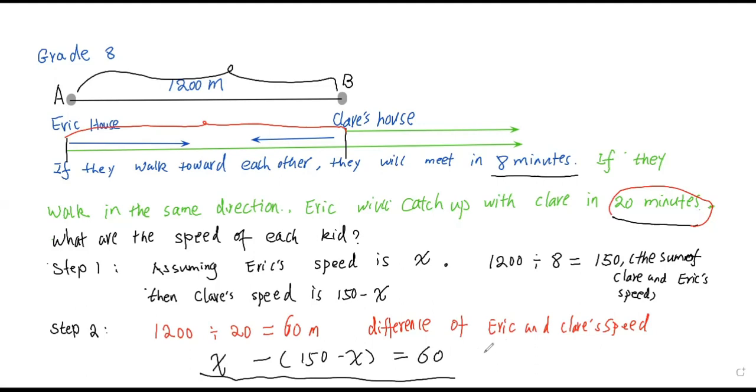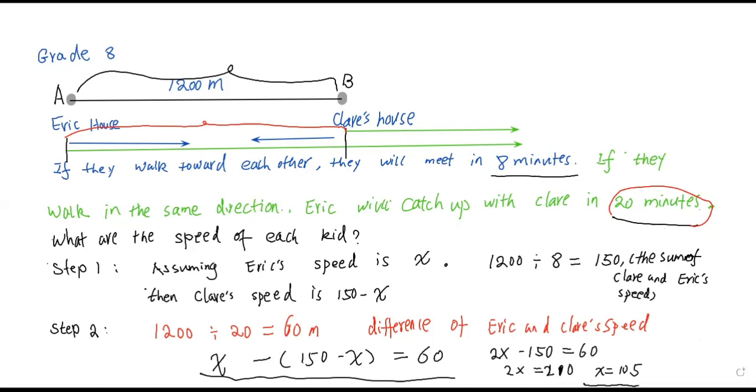You can solve the equation: 2x minus 150 equals 60, so 2x equals 150 plus 60, which is 210, and x equals 105.